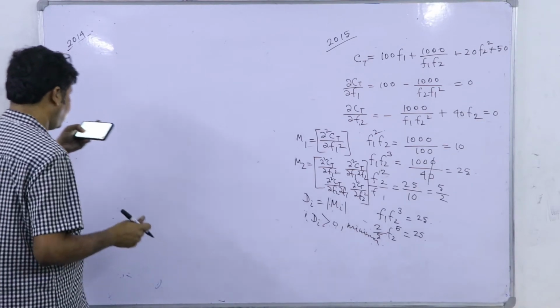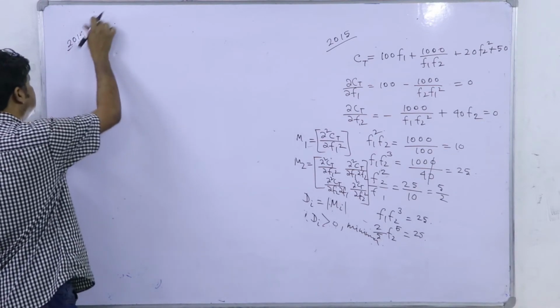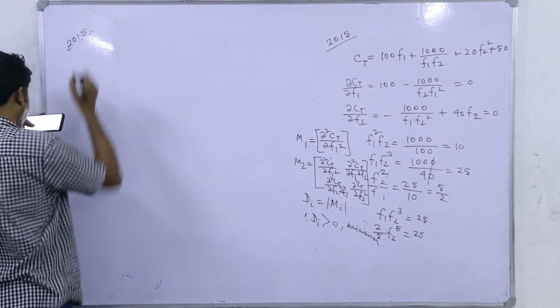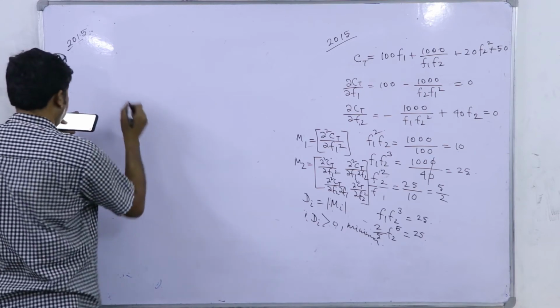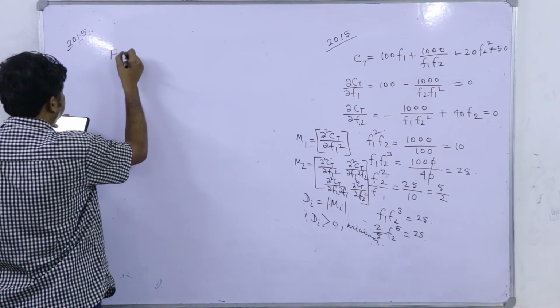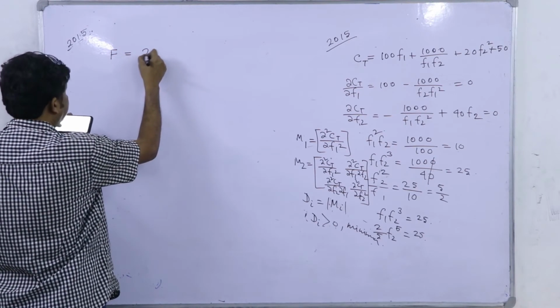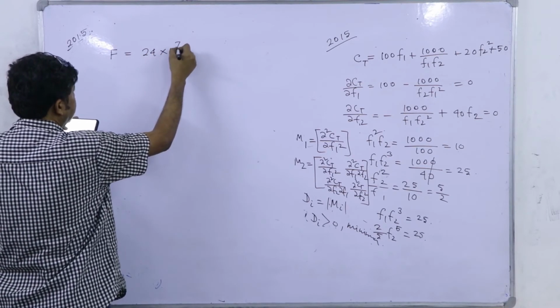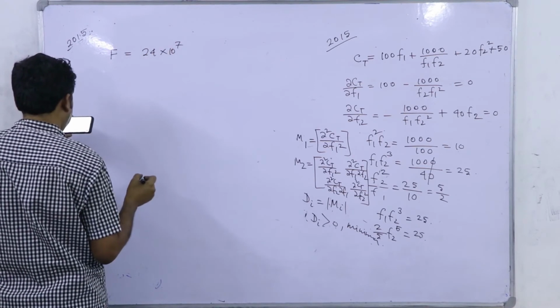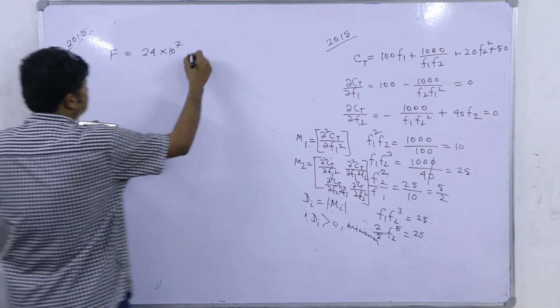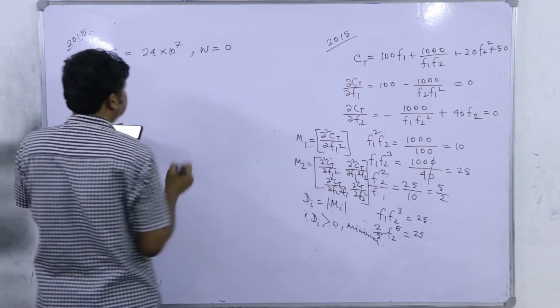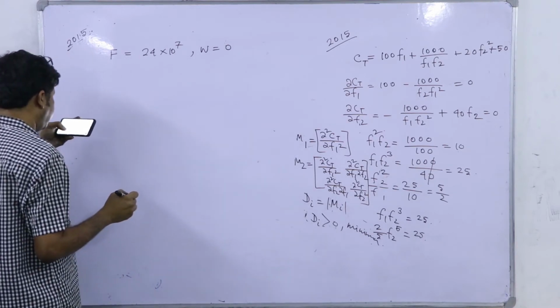So, next is 2015 problem. A proposed chemical plant is estimated to have a fixed capital. Fixed charge or fixed capital is 25 crore. Assuming other costs be small, the total investment may be taken that working capital investment is 0.